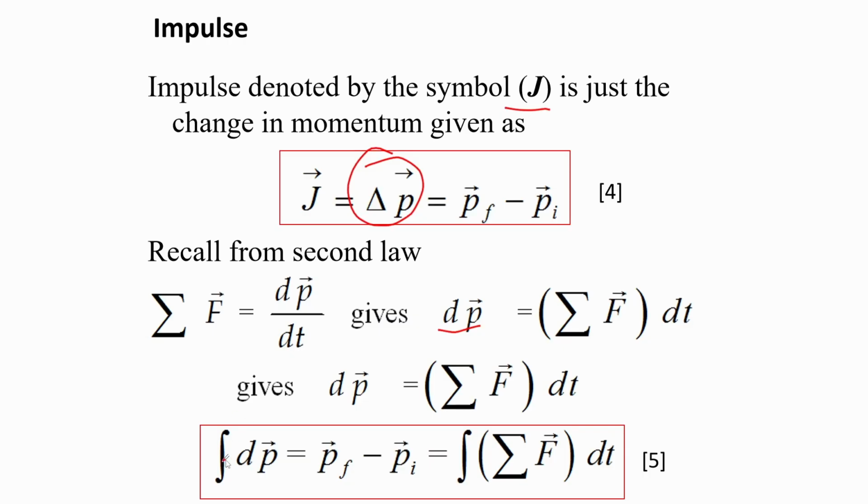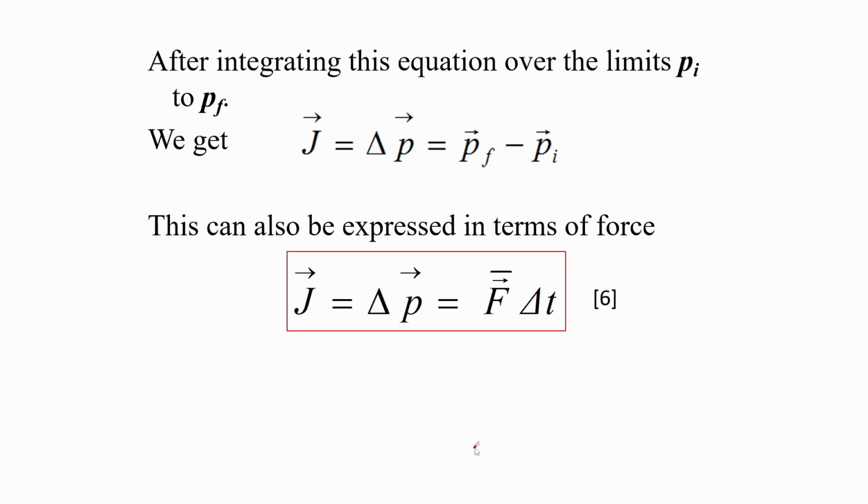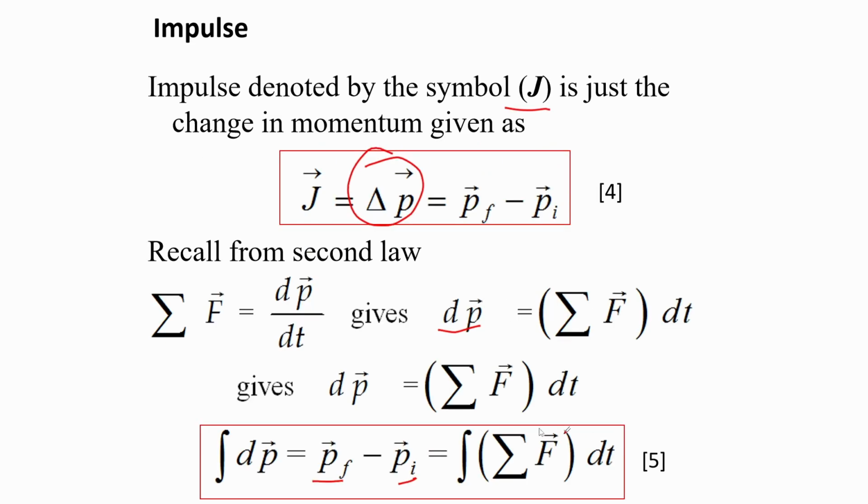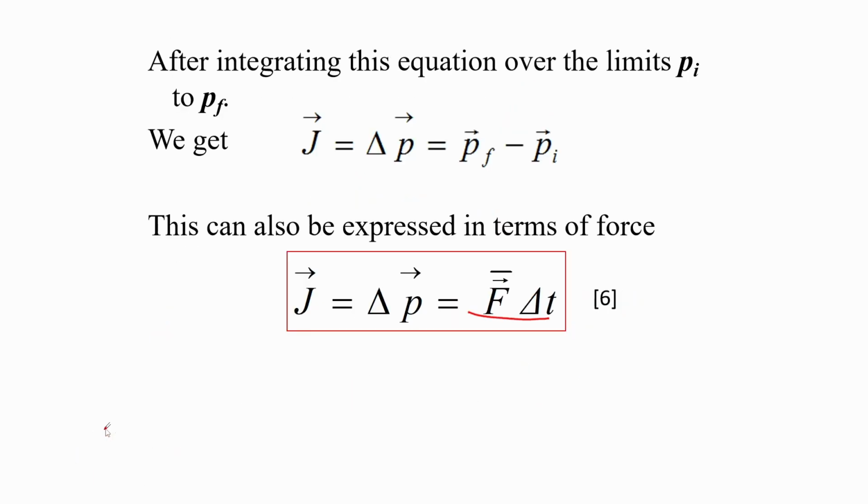If you take the integral of that, which is essentially measuring from the starting momentum to the final momentum, it's equal to the integral of the sum of force dt. So you have J here, which is the change in momentum, and it can also be expressed as the force times delta t. If we go back here, see? It's a re-expression of delta p.